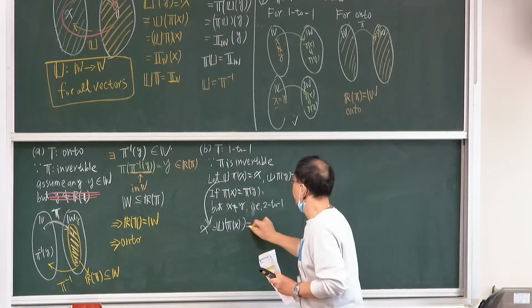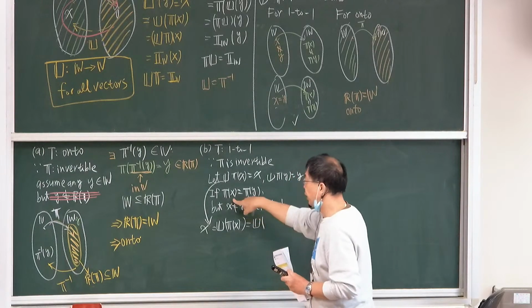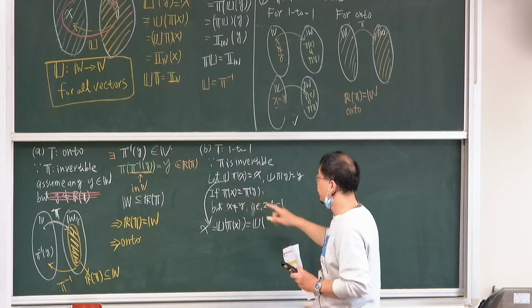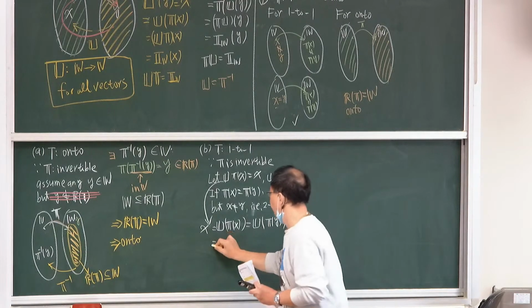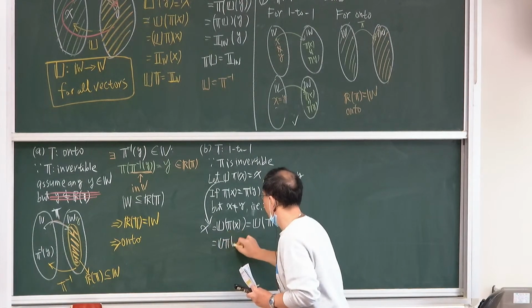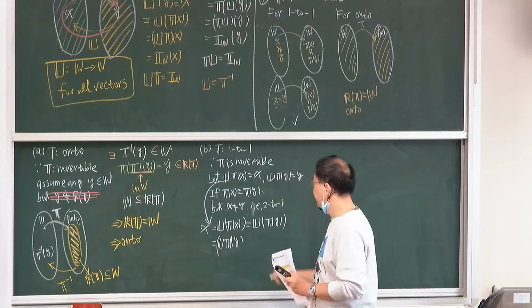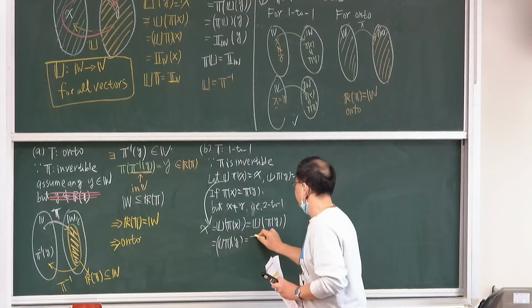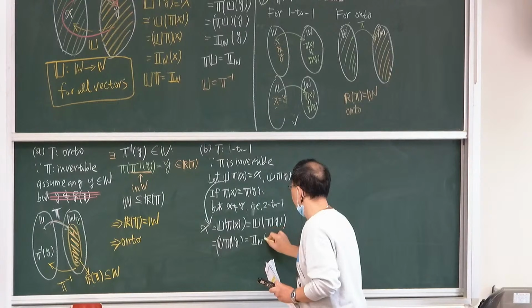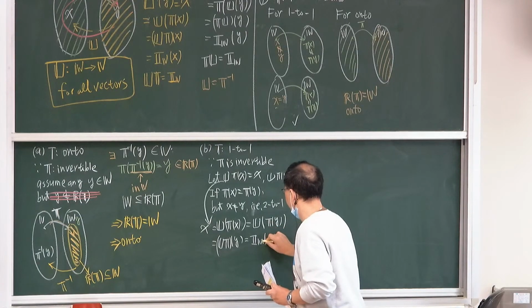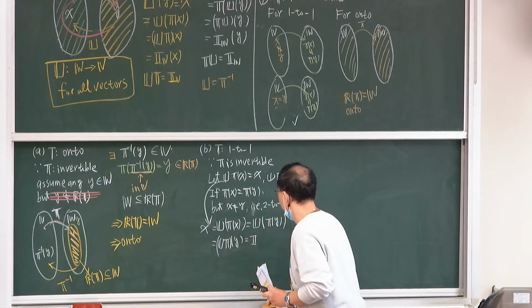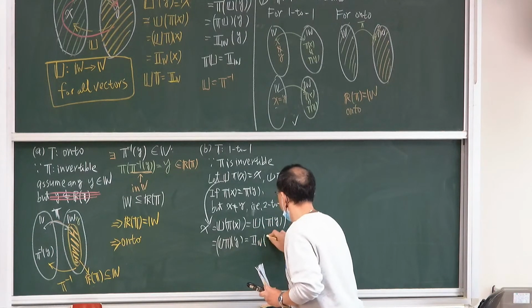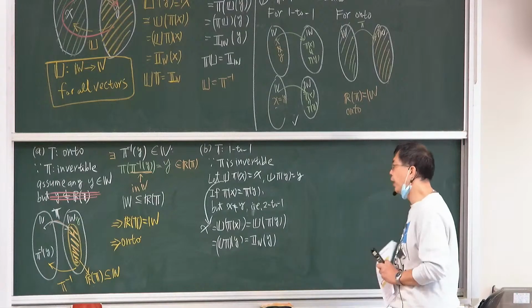Then because T sub X equals T sub Y, UT sub X equals UT sub Y. And this is the identity transformation IV.